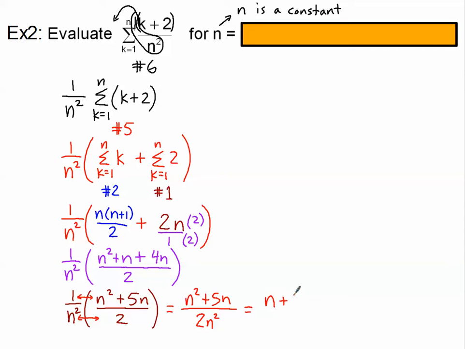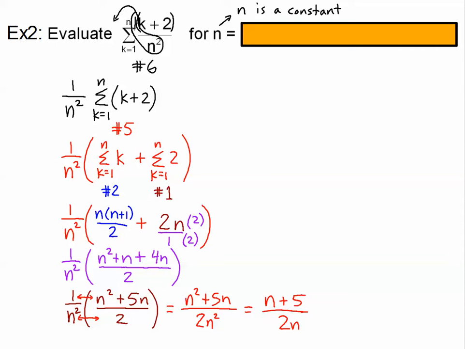N plus 5 divided by 2n. So this is an expression that is equivalent to our original summation. And this is something that's a whole lot easier to plug an n in.